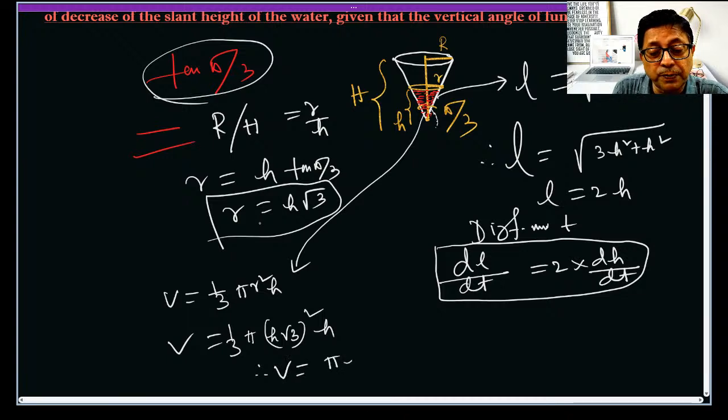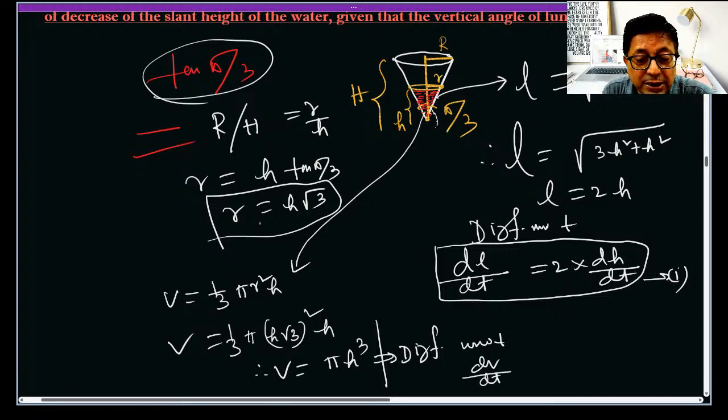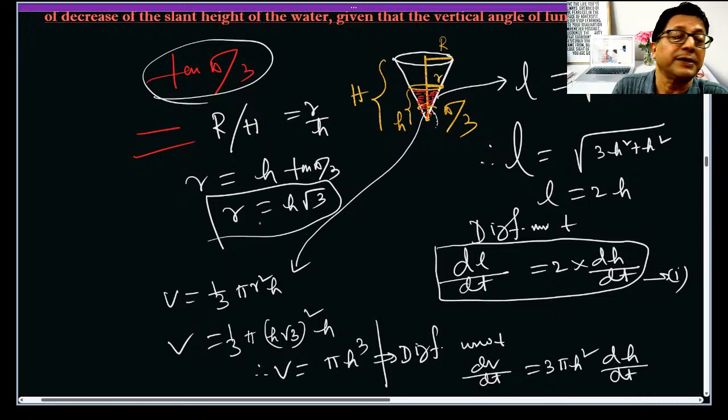So V equal to pi h cube, isn't it? We can differentiate here. This is our number 1. So differentiating this relation also, what do you get? dv by dt equal to 3 pi h square dh by dt, isn't it?